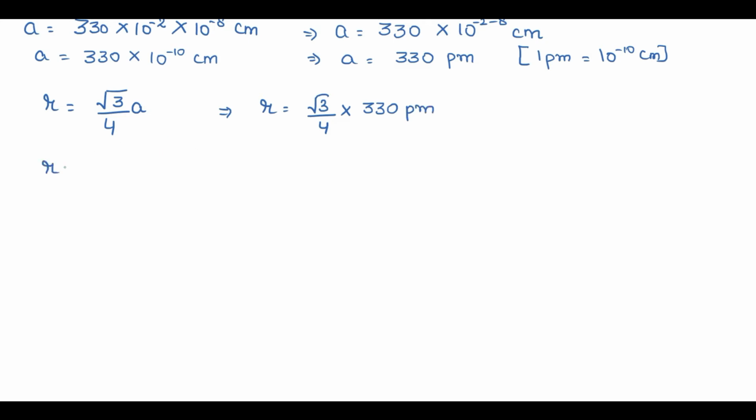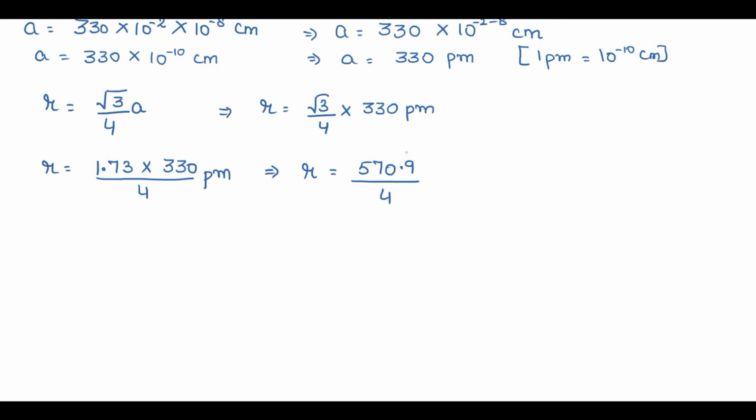Now here root 3 is equal to 1.73, right, into 330 by 4. The whole value is in picometer. When you multiply 1.73 with 330, your answer will be 570.9 by 4, right?